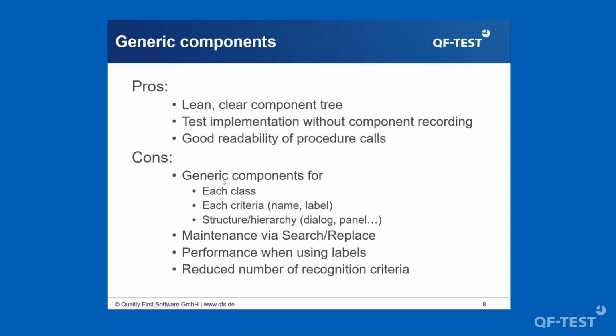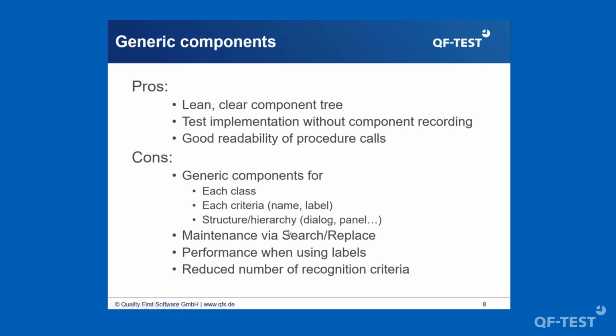Yeah, the disadvantages definitely are that you need quite a number of generic components, one for each class, one for each criteria, and also for when you want to implement a certain structure, and that multiplies.